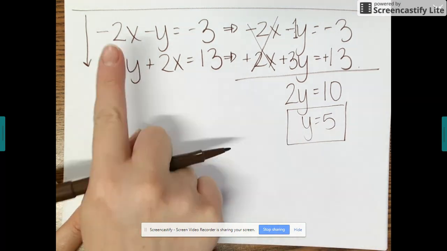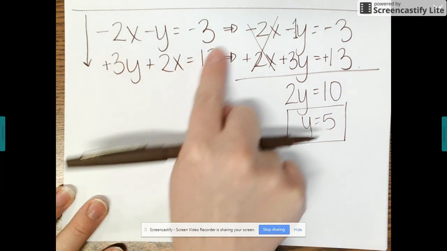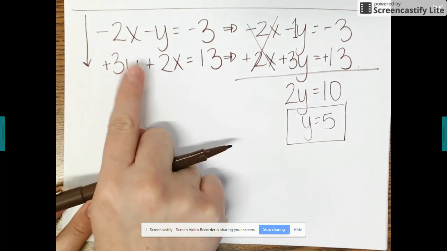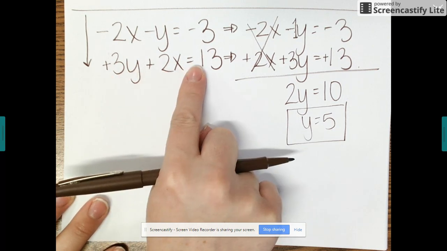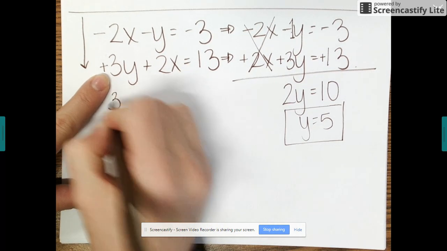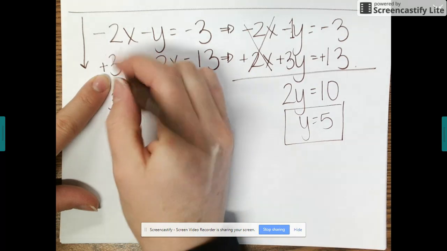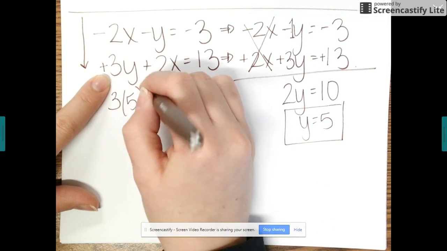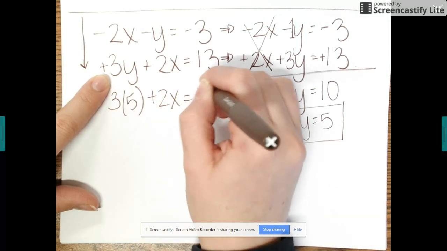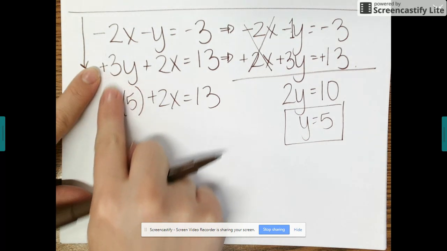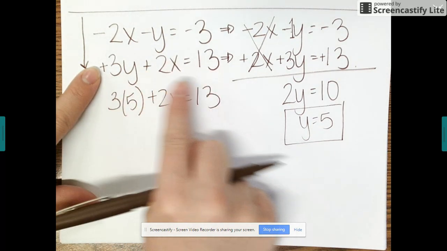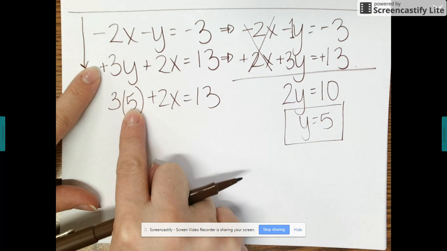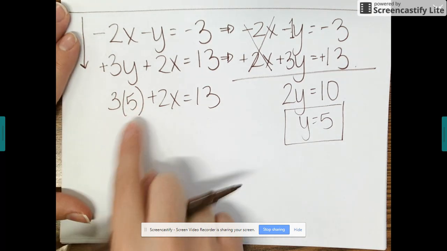Now go back to the original problems. The original problems is where you want to plug in y is 5. Let's just take the bottom one. So I have a 3. I see a y, so I'm plugging in 5, plus 2x equals 13. Okay, so do you see that? Everything stays the same. Besides the y, I substituted 5 in. Let's multiply.